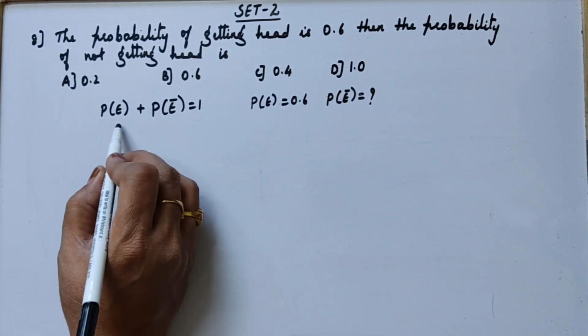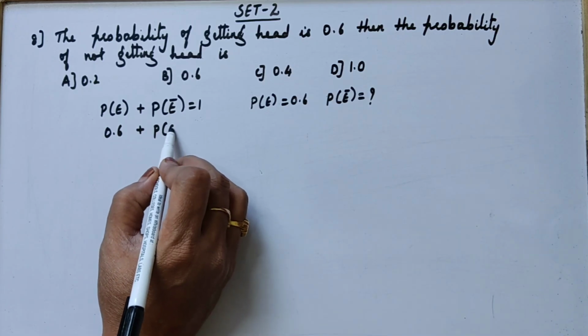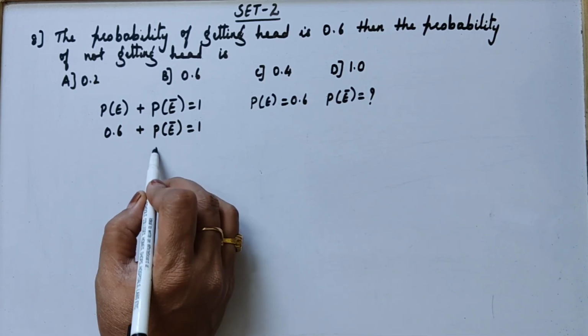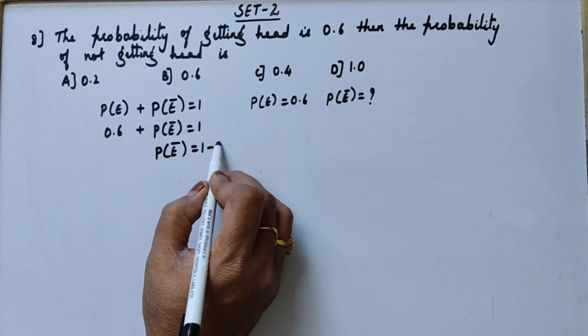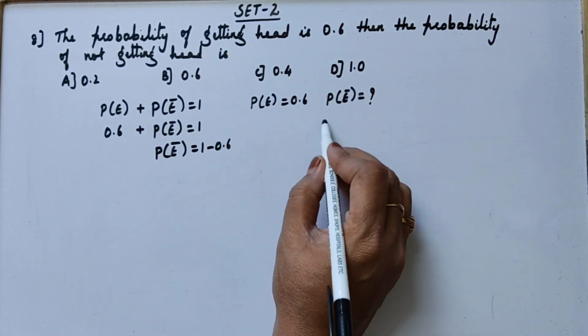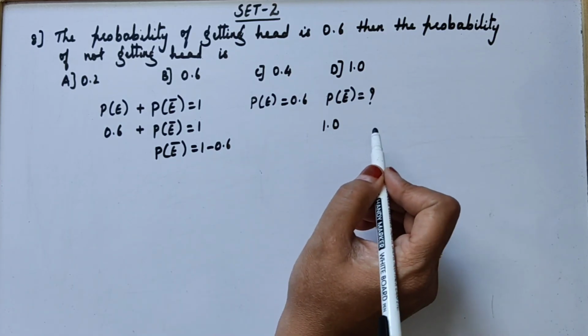So this is 0.6 plus P of not E equals 1. P of not E equals 1 minus 0.6. Let us subtract 1.0. After decimal, 0 has got no value.